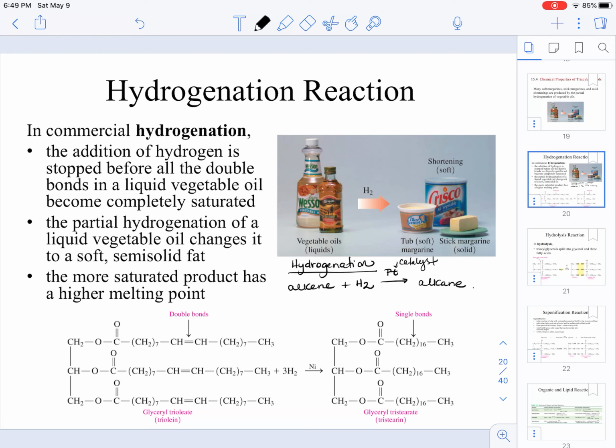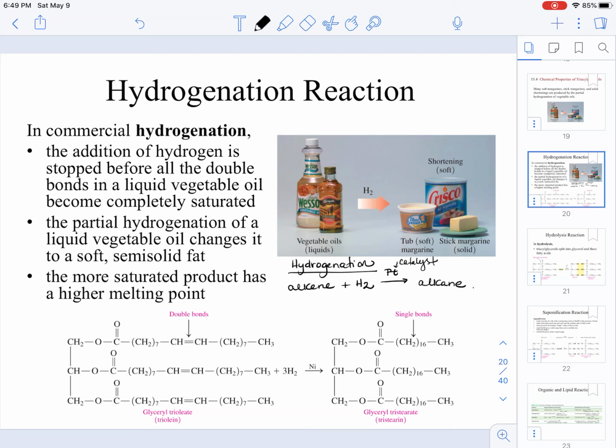Now, understand that in commercial hydrogenation, we're going to be adding hydrogen, okay? And we are going to do partial hydrogenation. So not every single molecule in our oil is going to be converted into a saturated triacylglycerol, okay?